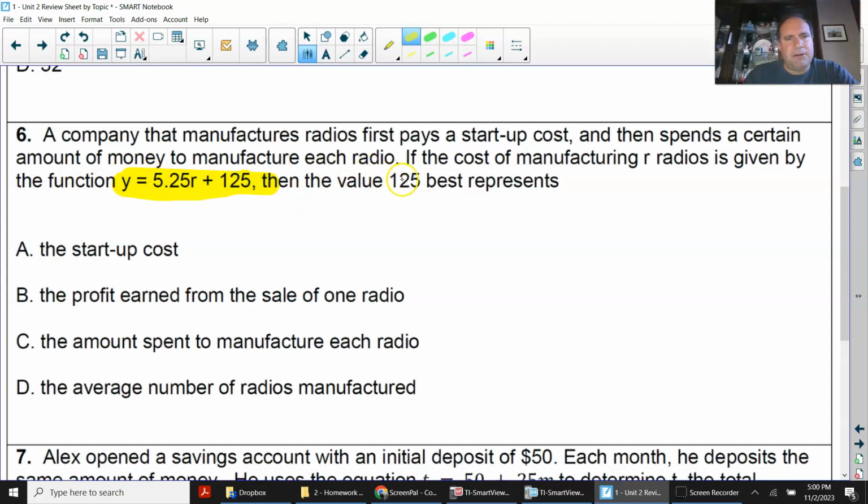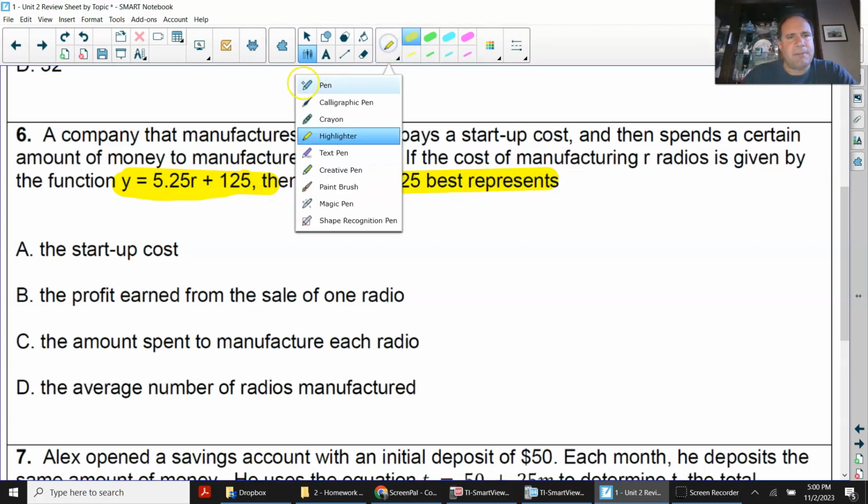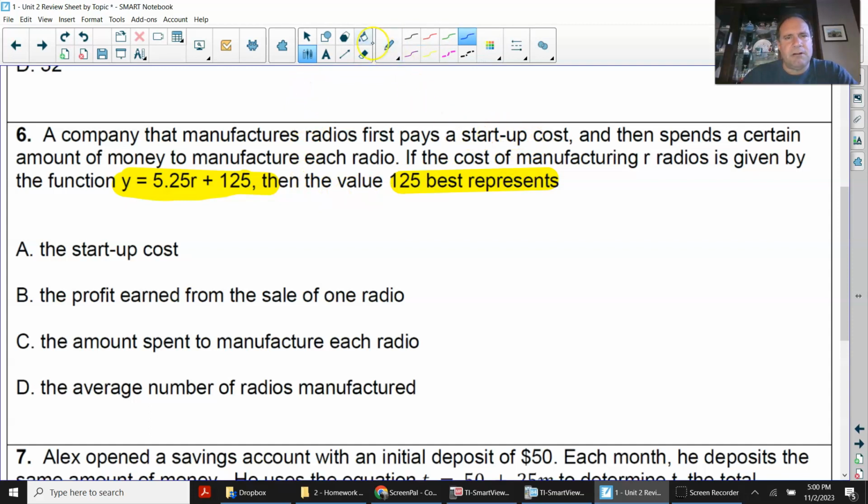And then the value of 125, they're asking what it best represents. I'm saying that the 125 is the startup cost, because that represents your B. B is 125. That's your y-intercept.